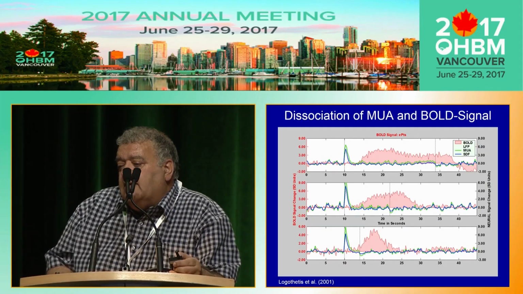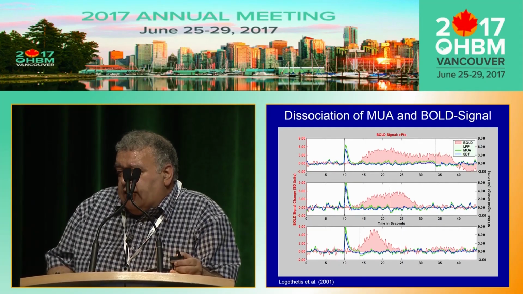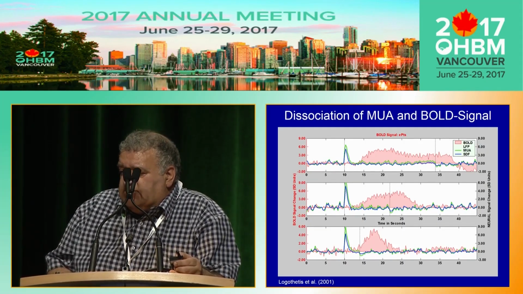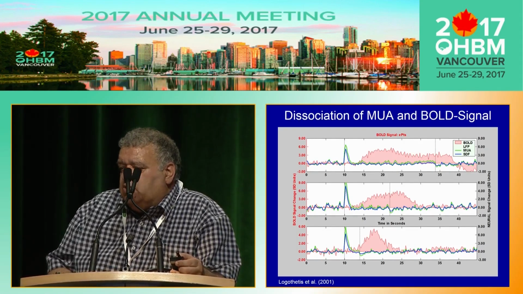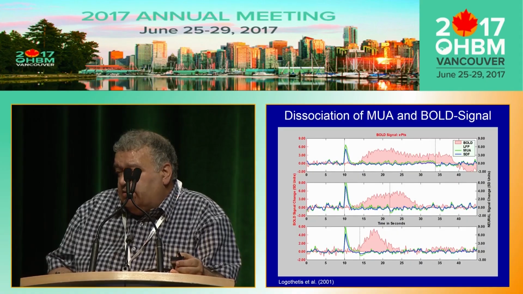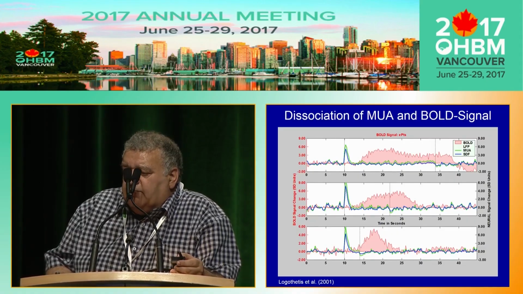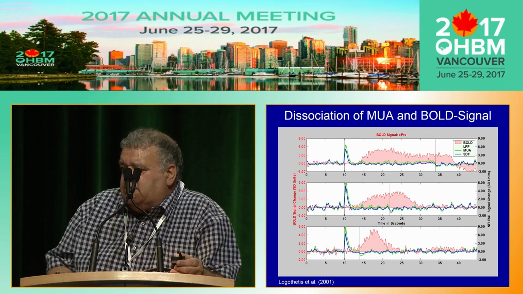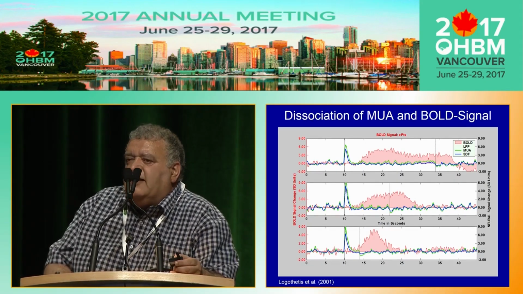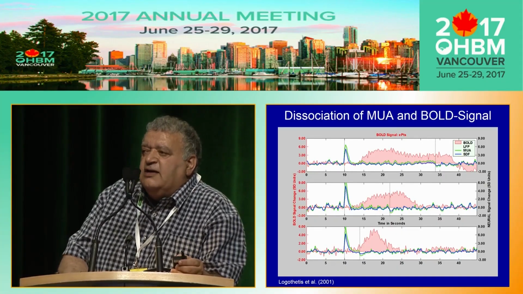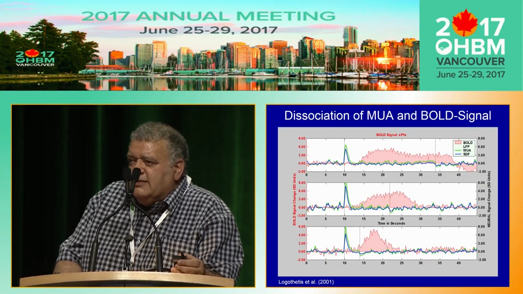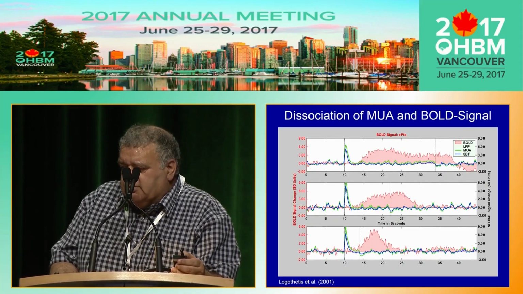We can see in the background, in pink, the bold response, and we can see that the bold response follows the duration of the stimulus with a lag. In contrast, the spike density function or the multi-unit activity in green and in blue are transient. They show only a transient response, so they cannot really explain or account for these long bold responses.